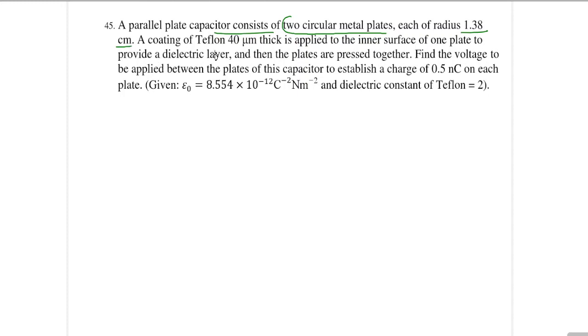A coating of Teflon, which is 40 micrometer thick, is applied to the inner surface of one plate to provide a dielectric layer, and then the plates are pressed together. Find the voltage to be applied between the plates of this capacitor to establish a charge of 5 nC. N stands for nanocoulomb on each plate. Here some constants are given.